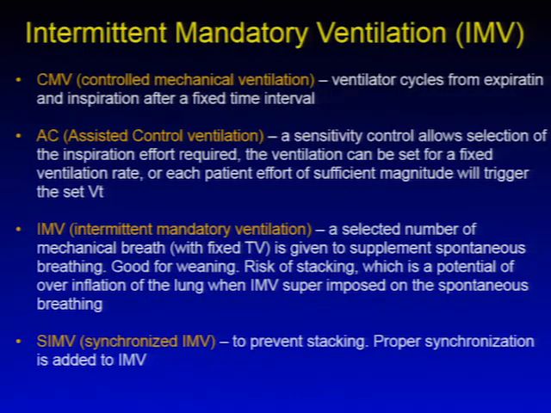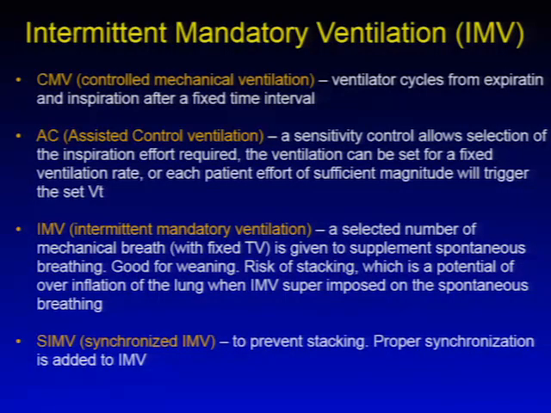AC, assist-control ventilation, has a sensitivity control which allows selection of the inspiratory effort required. Ventilation can be set for a fixed ventilation rate, or, this is the important part, each patient effort of sufficient magnitude will trigger the set tidal volume.